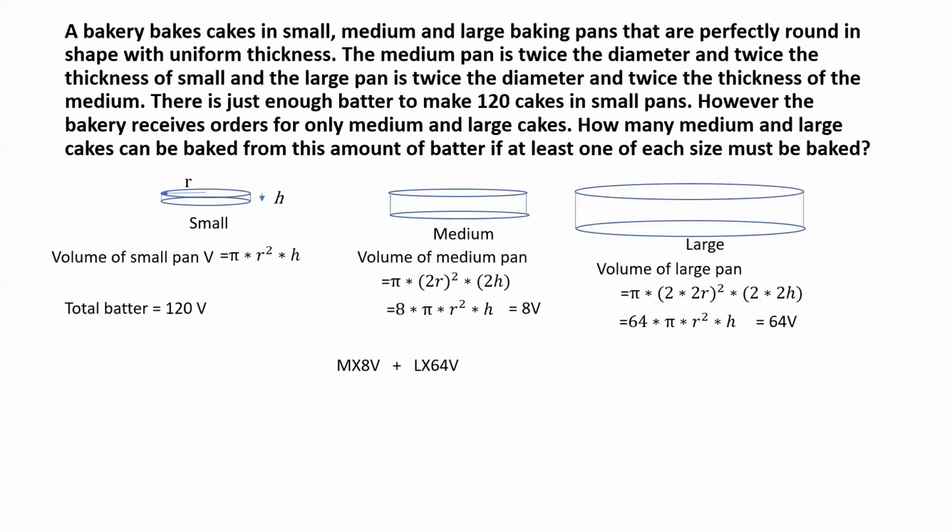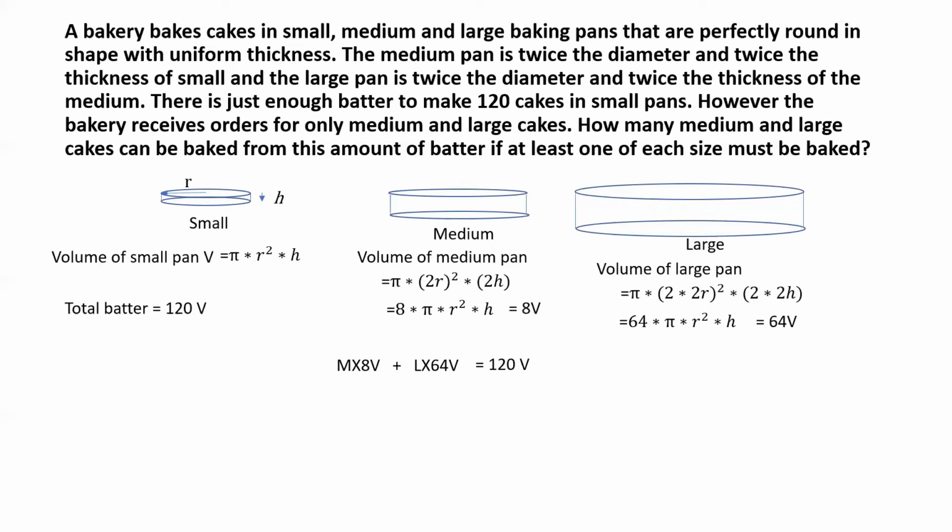We don't know yet what M and L could be, but algebraically we can write this. So this is equal to 120V, because 120V was the total amount of batter. So we can write this equation, right?